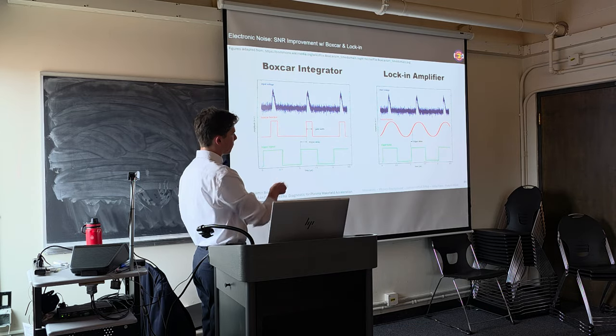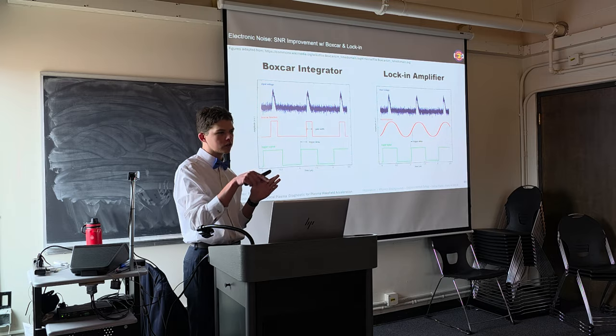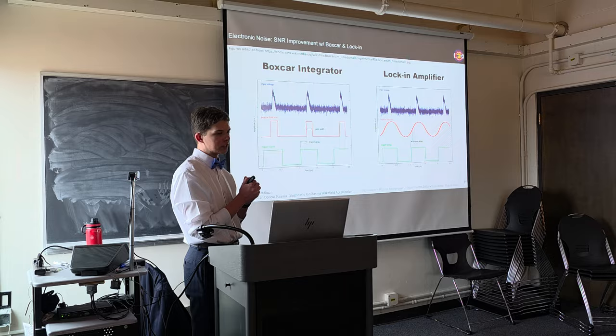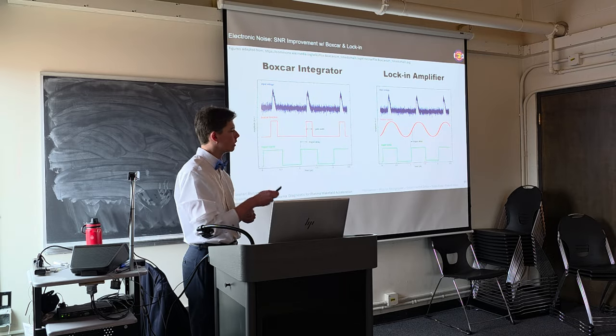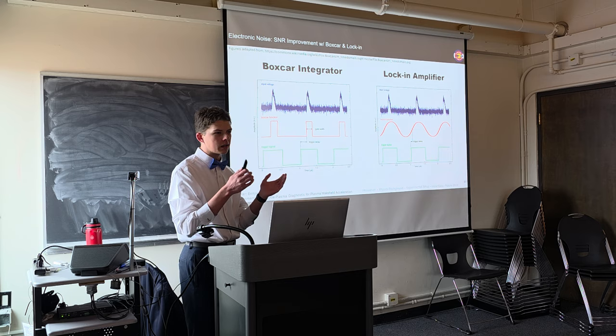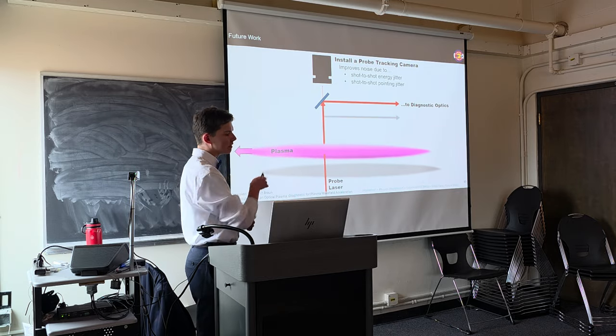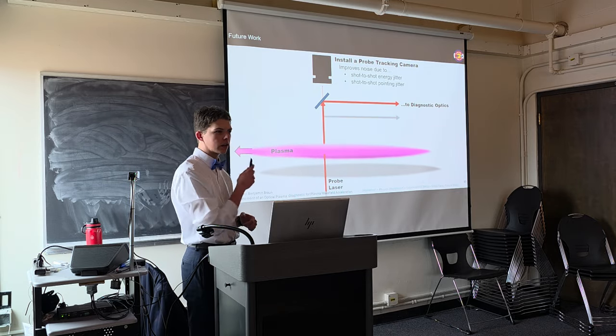And with the lock-in amplifier, you lock in on a specific frequency. Since we have a 10 hertz laser system, we know we should get a signal about 10 times a second, so we can lock in on that frequency and look for that. This will probably be the easiest thing to integrate, but the second easiest will probably be this camera, because we have multiple methods to diagnose that camera system.